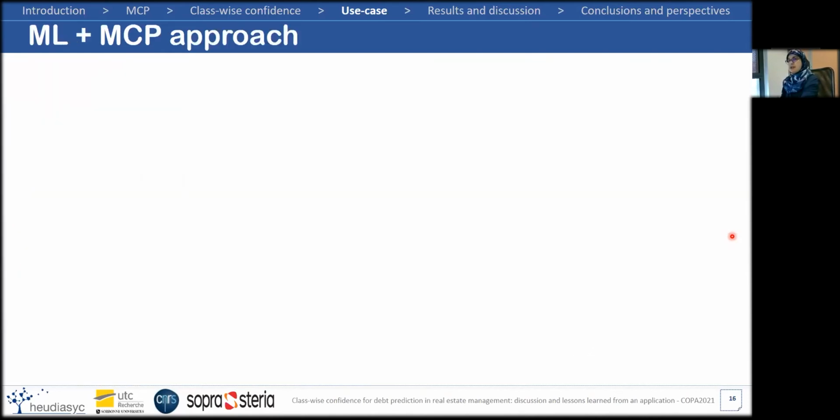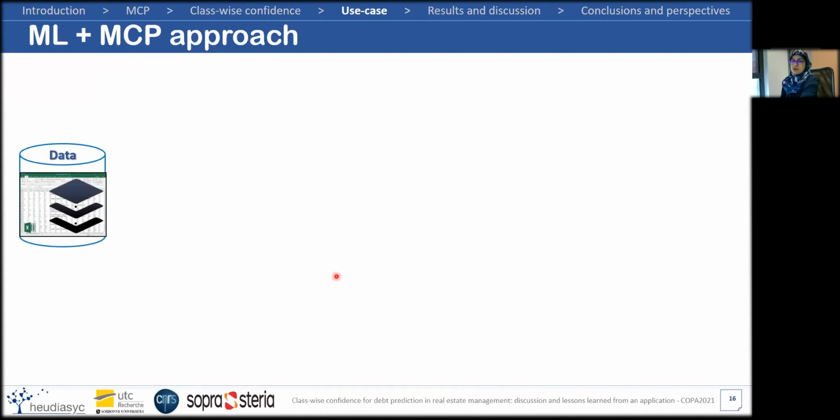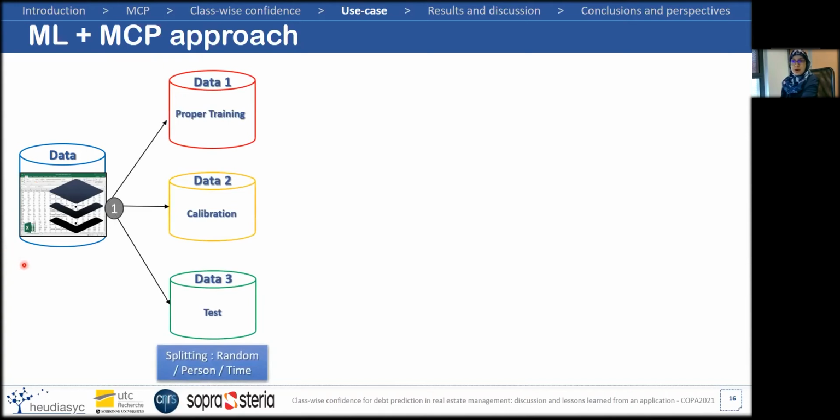So now for the machine learning approach. Here is a summary of the whole procedure, also with the MCP, or class-wise confidence, approach. We have our data set that we split into 3 parts: proper training, calibration, and test sets, depending on the splitting strategy.